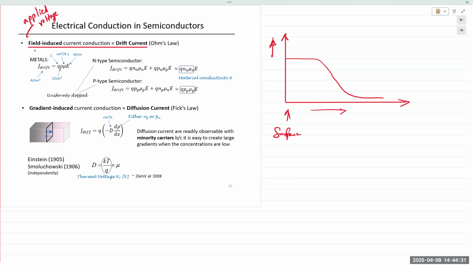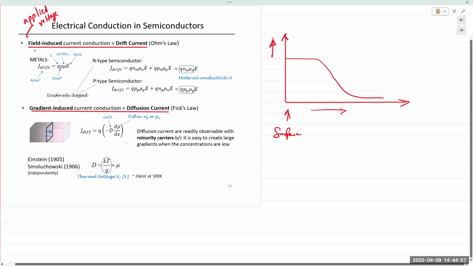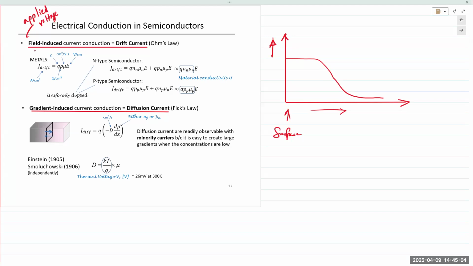So in a bid to even out the charge concentration, the charges start moving or diffusing through the material. That current is known as the diffusion current. This occurs only in semiconductor devices, not in metals. In metals, you always have electrons available, and so they drift in response to an electric field. In semiconductors, you have drift, and you have diffusion that occurs because of dopant concentration.